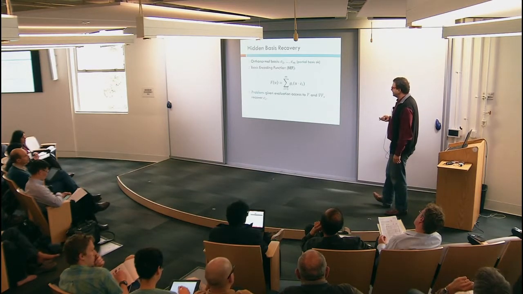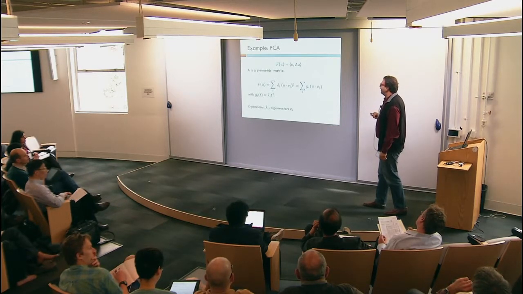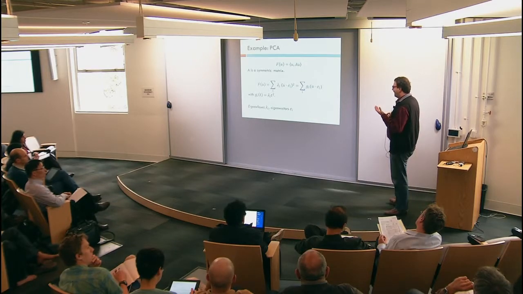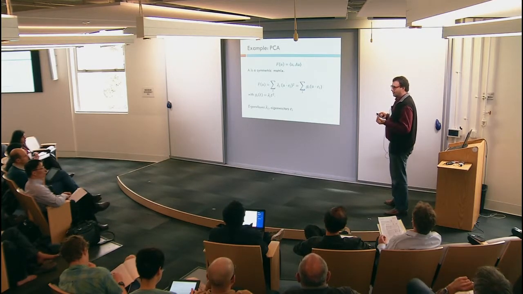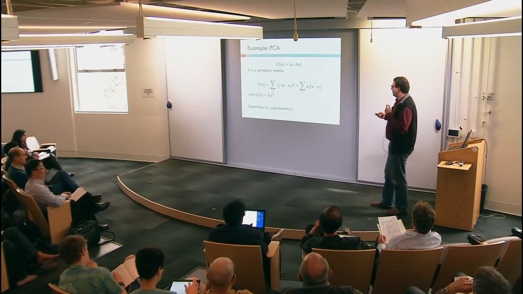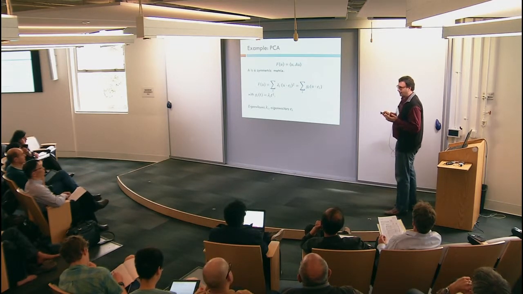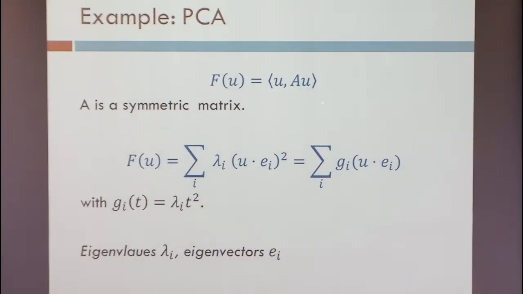So why is this an interesting problem? Well, let me point something out, very basic. Just think about standard spectral analysis of a matrix. Let's assume a symmetric matrix. You write a quadratic form, u transpose A u, and you write it in terms of its eigendecomposition. Then f of u, this quadratic form, is just equal to the sum of lambda_i times the inner product of u with e_i, squared.